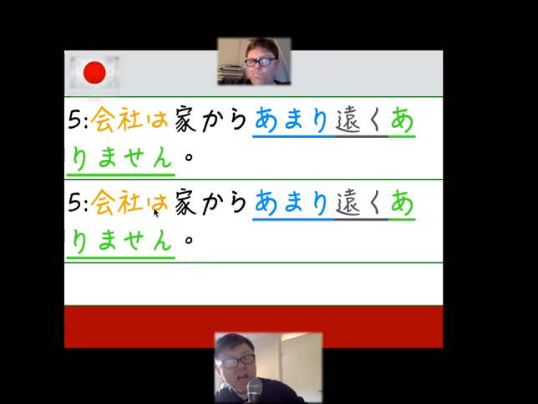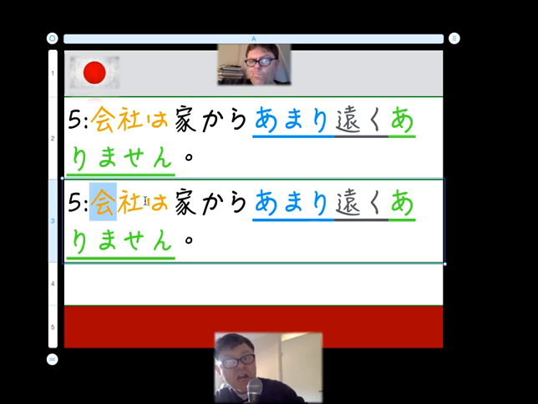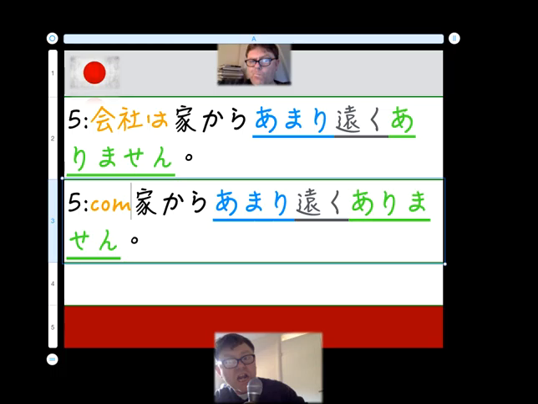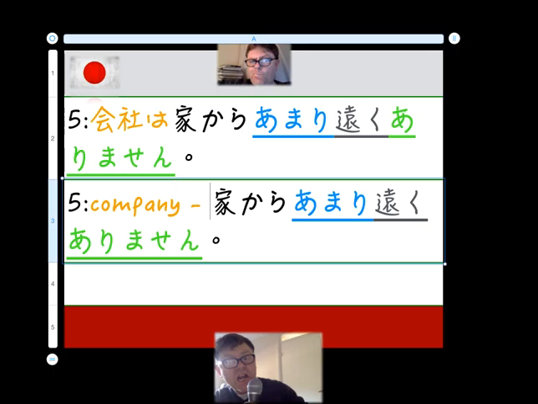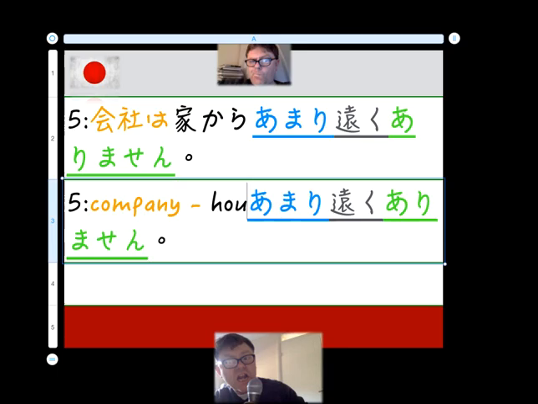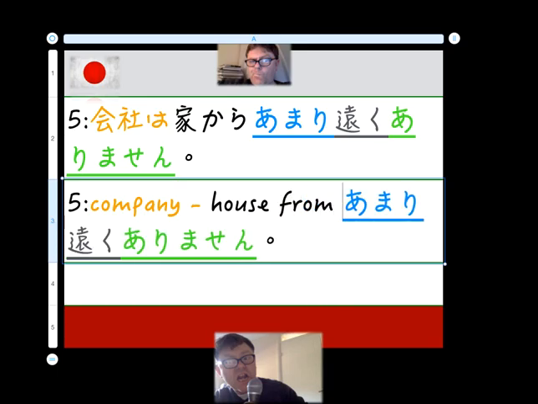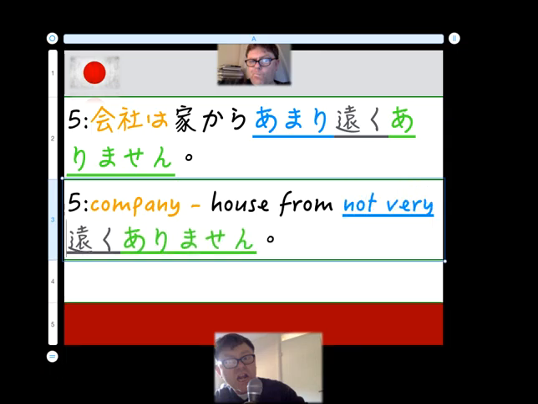Right, moving on to the fifth and last one. Kaisha wa, as for the company, yeah? So, company, the company. Now, ie kara, from house, so from home, from our house. So house from, company, house from. Now, amari, not very. Translate it as not very. Okay, and toi is far. So in front of the negative arimasen, you put tooku instead.